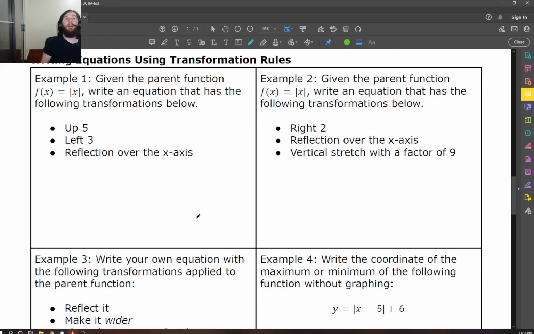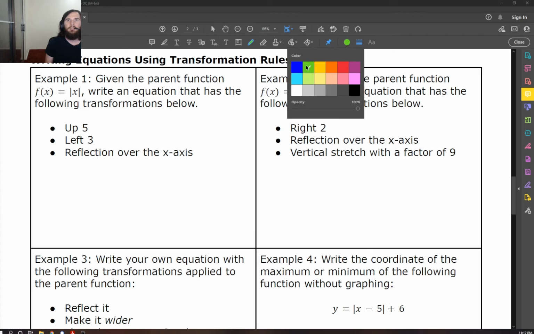And now we're going to do the opposite. We're going to write equations that show these transformations. So we need to write an equation that makes it go up 5, left 3, and reflect. I haven't used purple today.